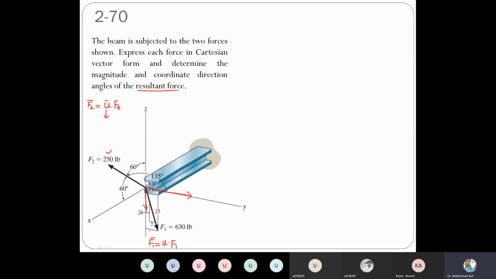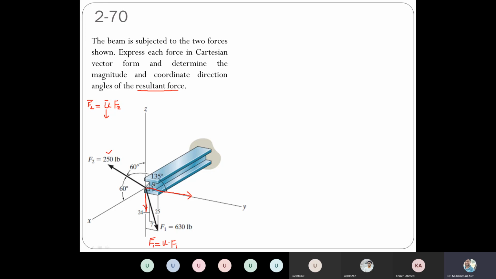So that means that force is just lying on the y-z plane, because there is no movement given along the x-axis, whether in the positive x-axis or the negative x-axis.